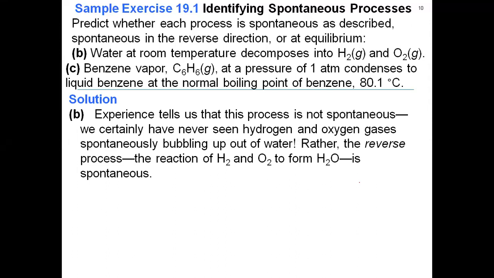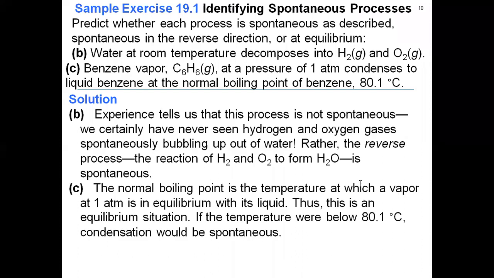So don't get confused about benzene gas or benzene liquid at its boiling point. At a boiling point, usually we think the liquid can boil, but if you keep the container closed, you will have an equilibrium between the gas and the liquid. This equilibrium is dynamical, which means the liquid will keep boiling, changing into gas, then the gas will condense into the liquid.